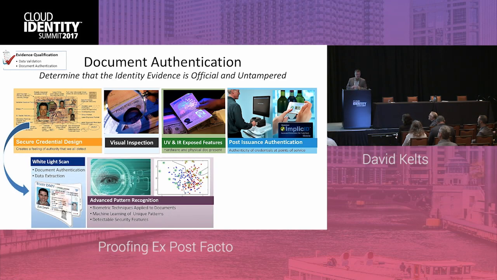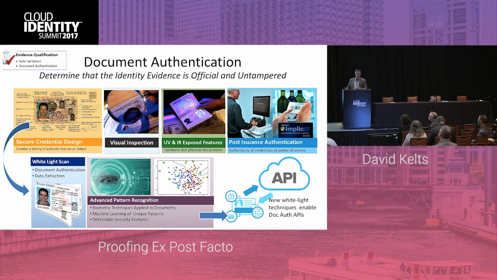So in that case, there's a lot going on right now in the white light scanning area. So taking a camera photo of a document, taking a scan off a platen, and trying to authenticate it. And a lot of the techniques in biometrics for pattern recognition are starting to be applied to documents and evolving, so that there are now APIs coming out to say, hey, if I upload this document image, I can see a likelihood of how authentic it is.